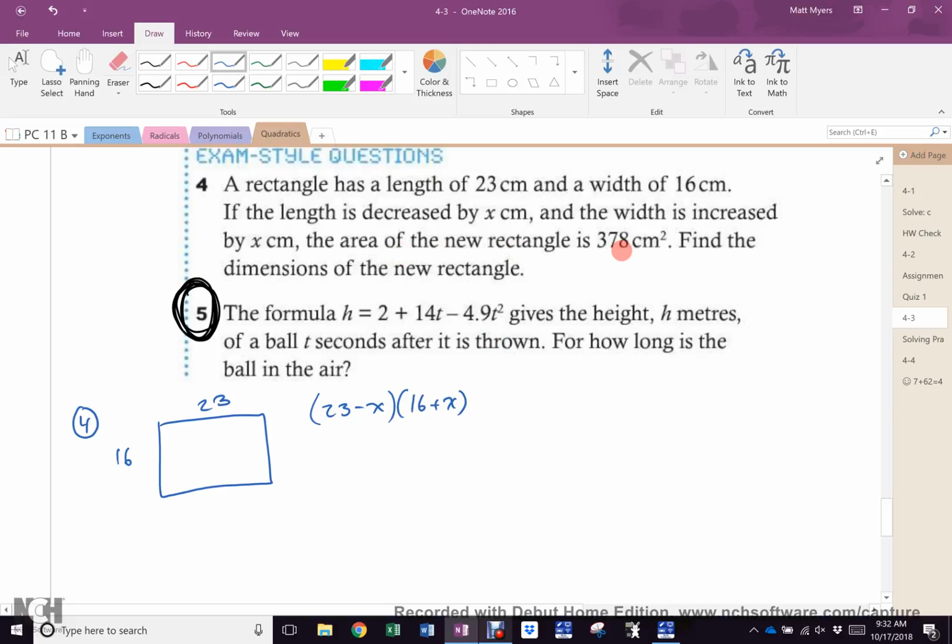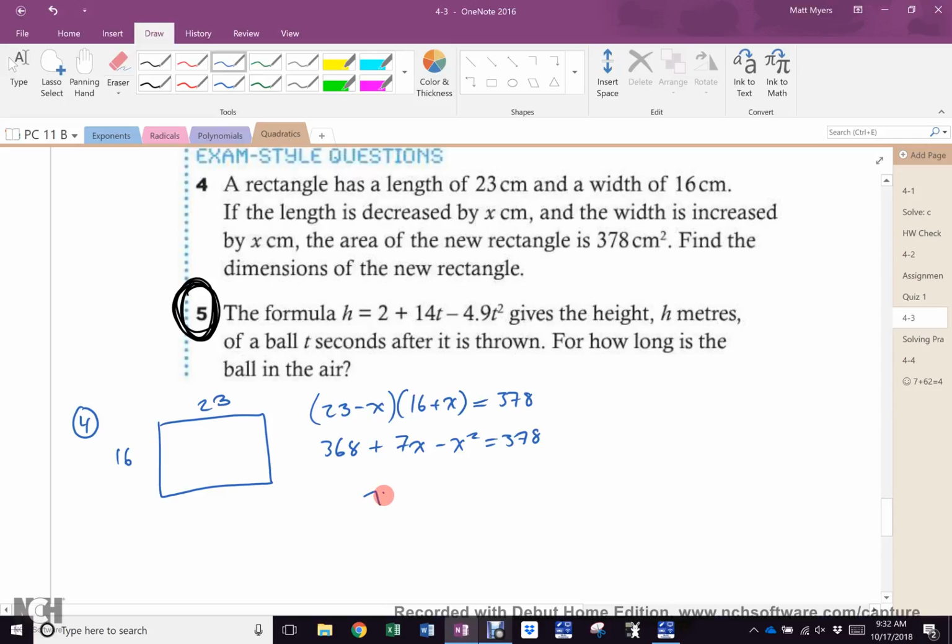The new area, length times width, is 378. What do I do to solve it? Multiply it out, get a quadratic equation, and solve it. So 23 times 16, which I can't be bothered to do in my head today, 368 plus 23x minus 16x is plus 7x minus x squared equals 378, correct?